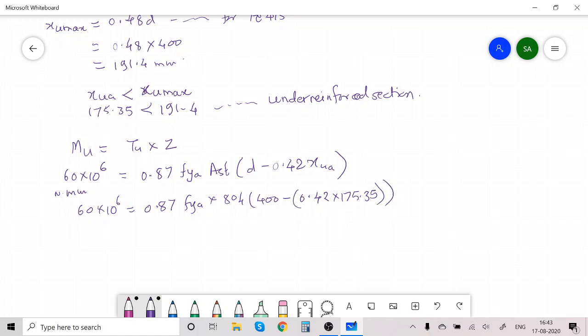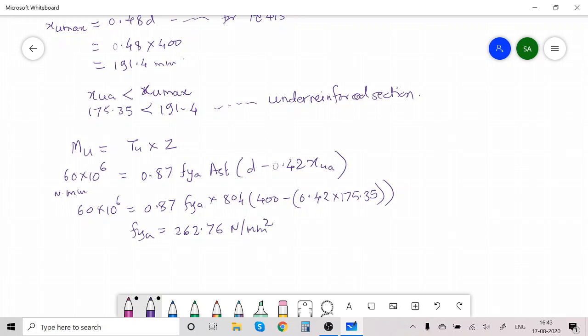So simplify this, you will get stress in steel actual as 262.76 Newton per mm square.